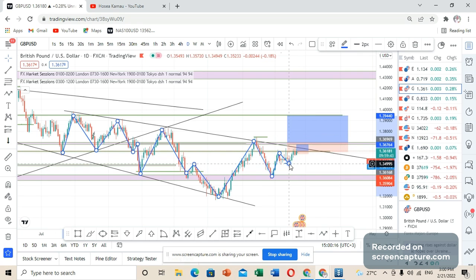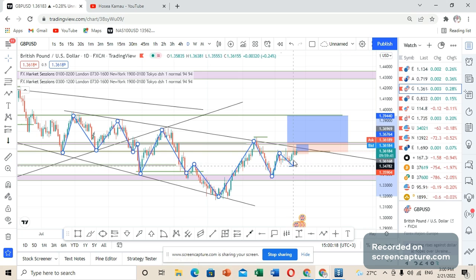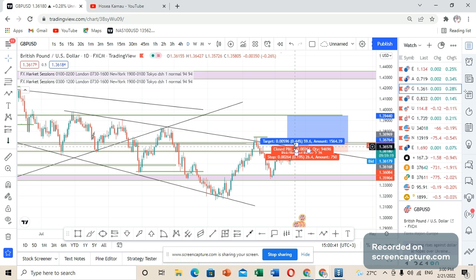So the move that I'm currently expecting is that the markets are going to move from these particular levels to rise above, so to break this particular trend line. You can see this trend line that is moving toward the upside. What I'm currently expecting is that the market is going to move above it, creating a change of patterns. So that is it when it comes to the daily time frame.